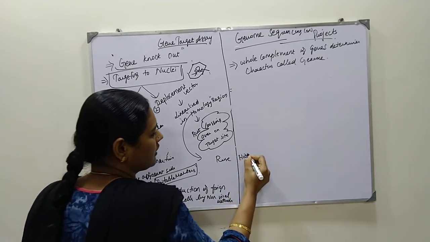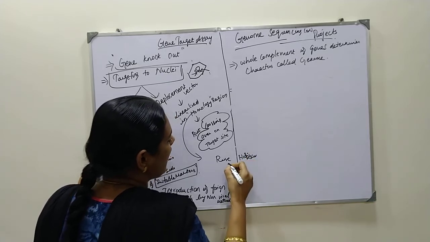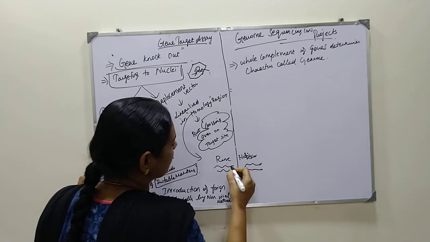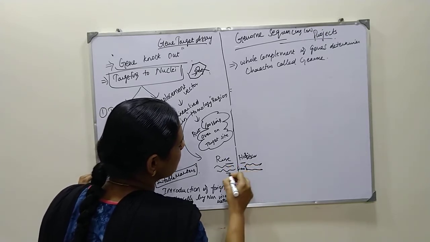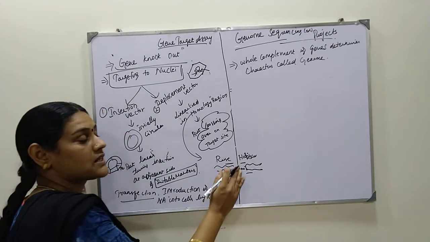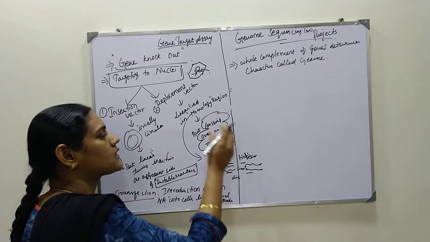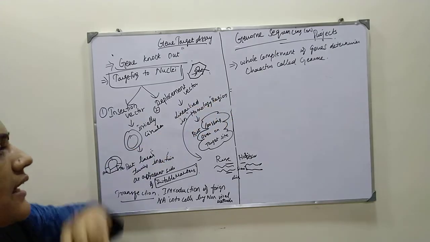I am going to check the DNA of the rose plant and hibiscus plant. Which sequences are similar here? Which sequences are dissimilar here? So based on the DNA sequence similarities and dissimilarities, that is called homology region. So in that homology region it is linearized.